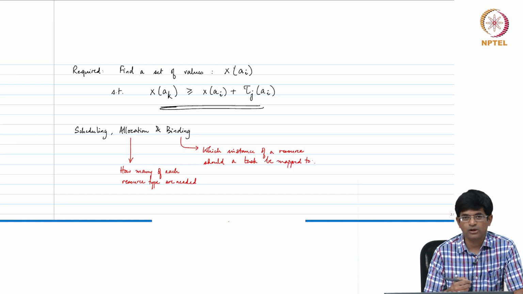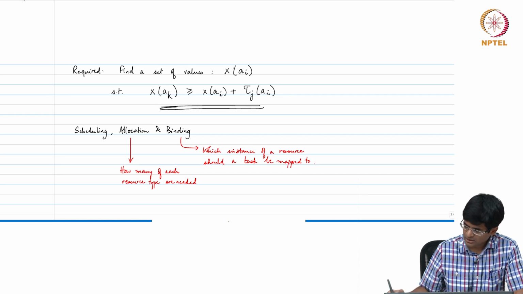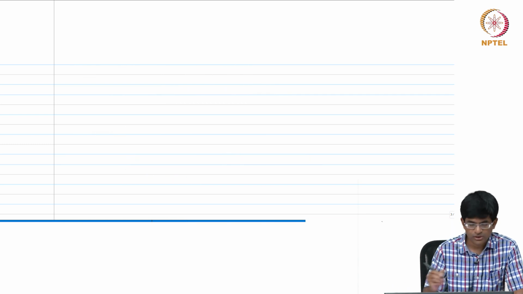So even though I am just calling it scheduling, we have to solve all three problems: scheduling, allocation and binding, and usually they are all solved in one combined manner such that the final result solves all three of these problems. Now we have already looked at multiple different ways of doing this.